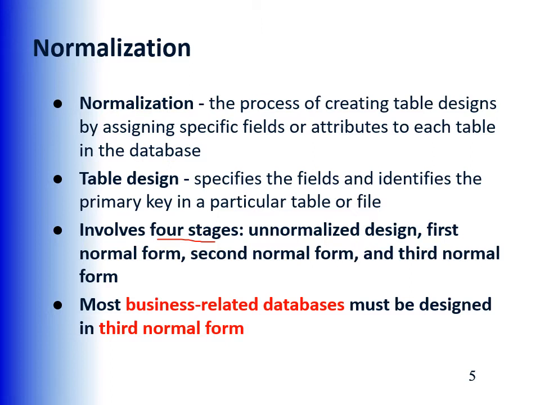The three normal forms constitute a progression in which third normal form represents the best design. Most business-related databases must be designed in third normal form, right? Later we will zoom in on those stages one by one.